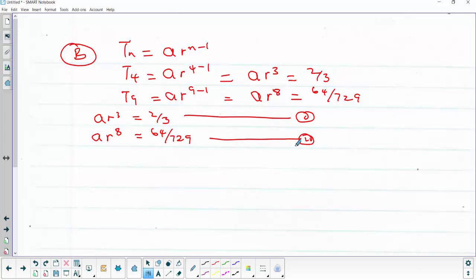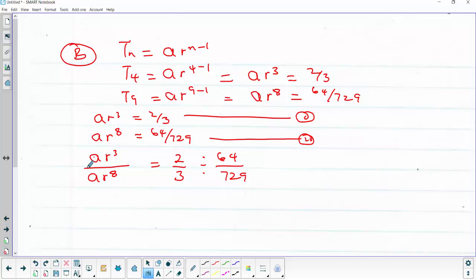So we have two equations now, and we need to solve them simultaneously. By solving simultaneously, we divide equation 1 by equation 2. So AR cubed divided by AR raised to power 8 equal to 2/3 divided by 64/729. That is the meaning.